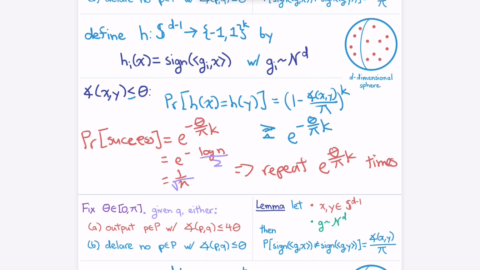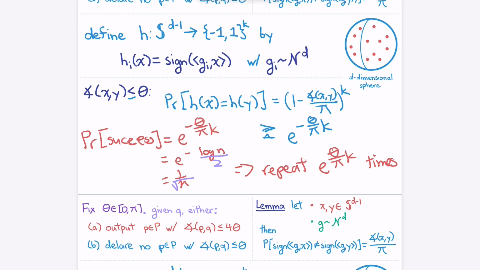You get 1 over square root n probability of success, and you spend constant time looking at noise. So you repeat square root n times, and then you get constant probability of success. You repeat square root n log n times, and now with high probability you'll find a near neighbor if it's there.